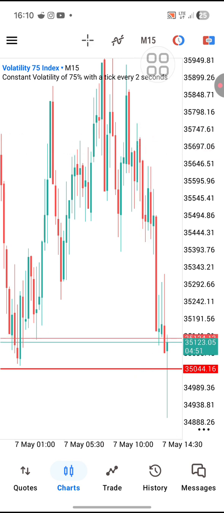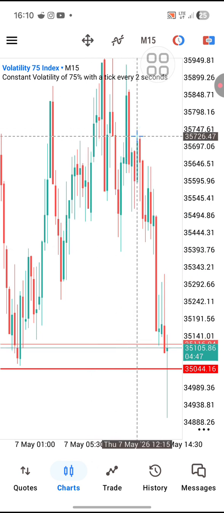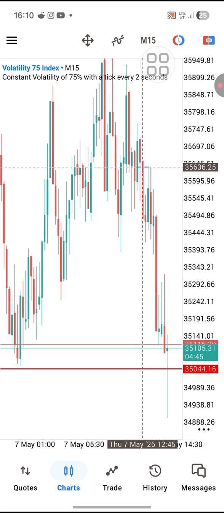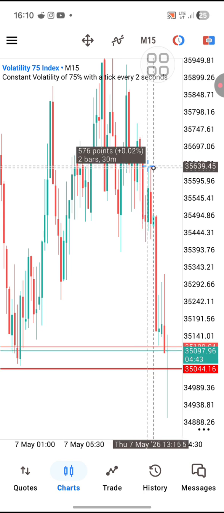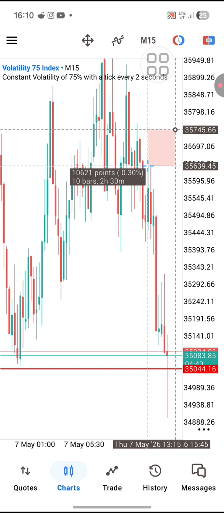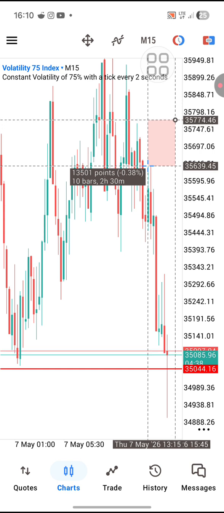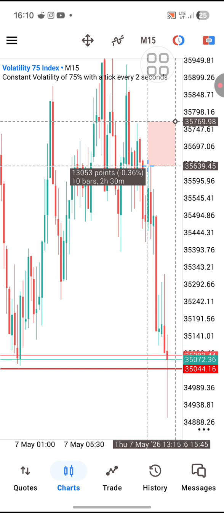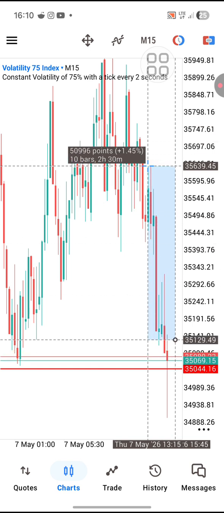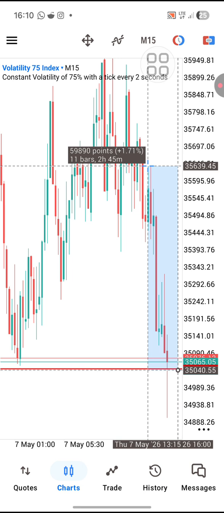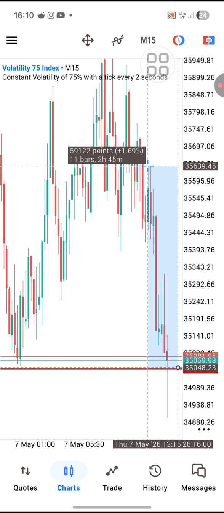So how much am I willing to risk? If I'm selling at this point, I want to risk this. This is the amount of pips I want to use. This is about 130 pips. You understand? And I want to gain this. That is how risk to reward works.